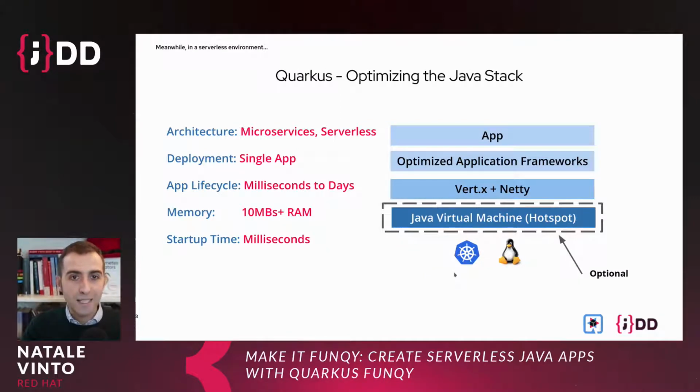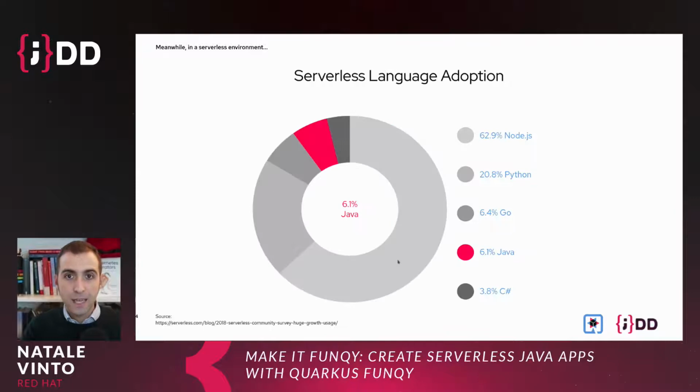Quarkus is optimizing the Java stack, because there are some optimizations to reduce the memory footprint and the startup time. We will see a little bit how we can work on it. And serverless is one of the use cases when using Quarkus. That's why there's also an extension in Quarkus that we will see in a moment called Quarkus Funqy.